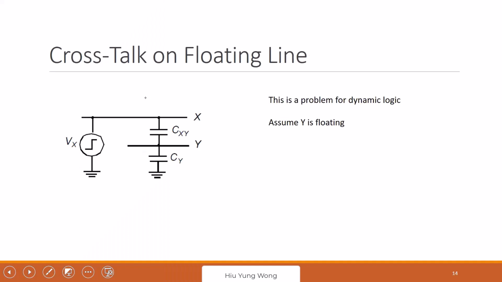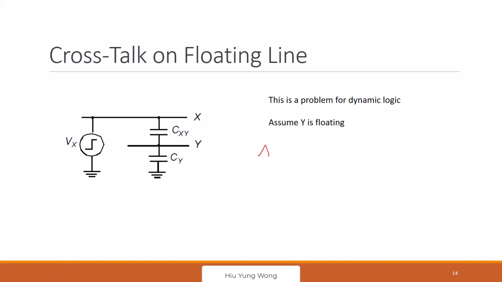Of course, this is related to the clock, why the capacitance is causing the jitter, right? But here, this crosstalk is also related to dynamic logic. So let's just quickly review. If Y is floating, right? What is the capacitance on Y? It really depends on the voltage on X. It's just a capacitance divider.